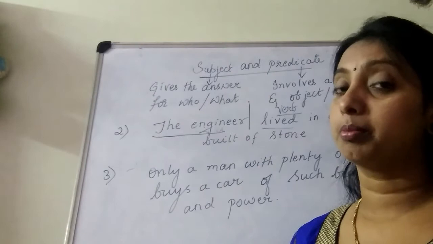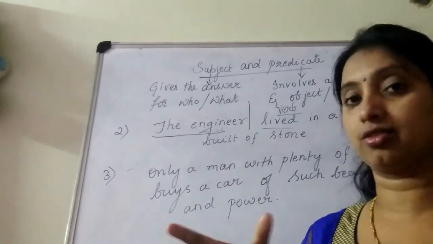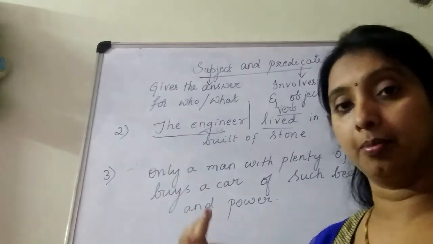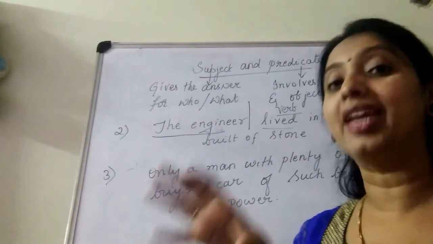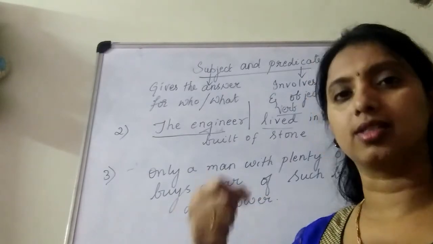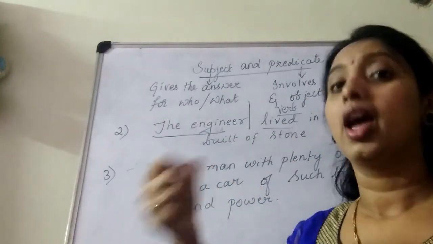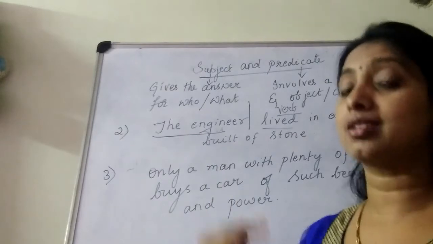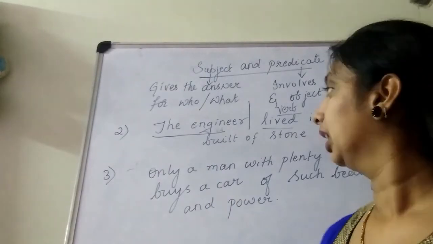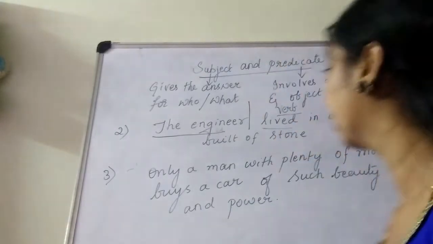Main verbs means they show the action. So, lived, eat, go, come. So, these are the actions, main verbs. And linking verbs are am, is, are, was, were, has, have. These type of words are called linking verbs. Then we'll go for the next sentence.